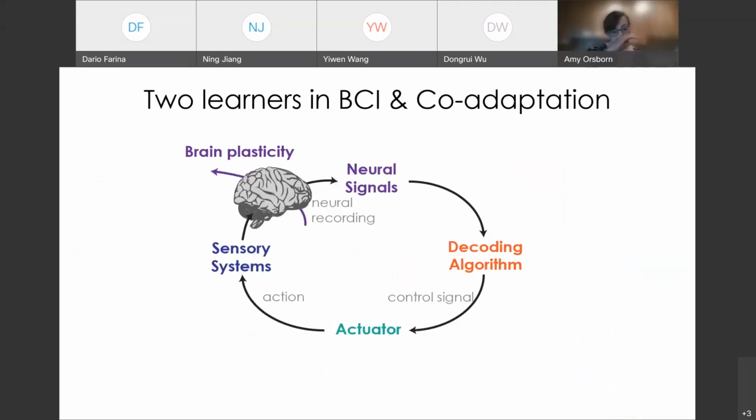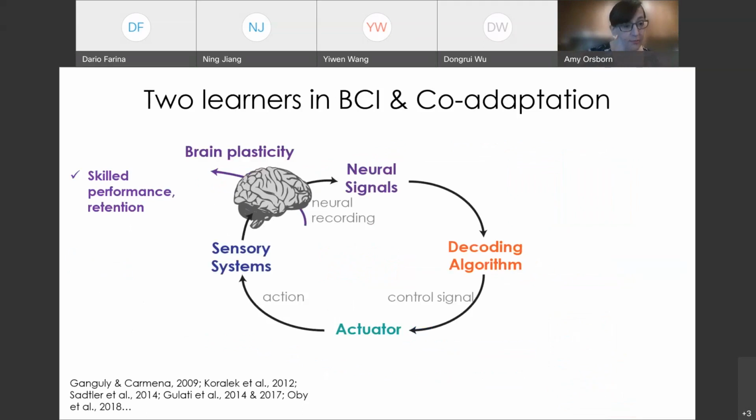And so in a BCI, like I mentioned, brain plasticity has a lot of potential benefits. One in particular is that users over time can gain a skill of controlling a BCI. So much like how you would master the sport of tennis, skill allows you to retain that performance over days.